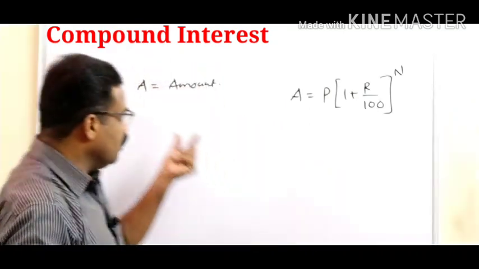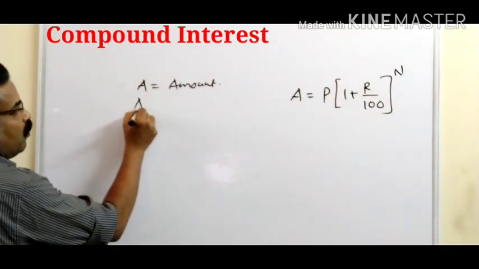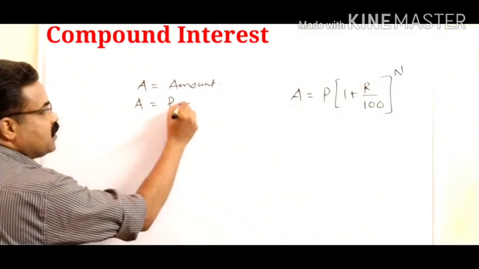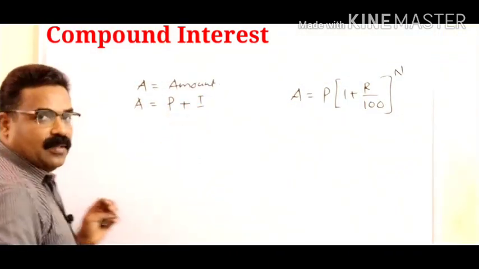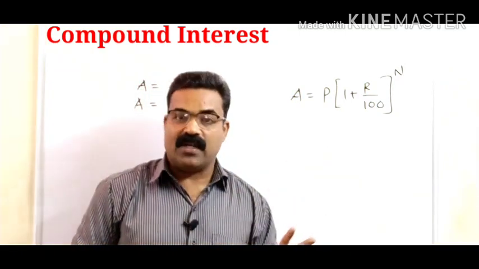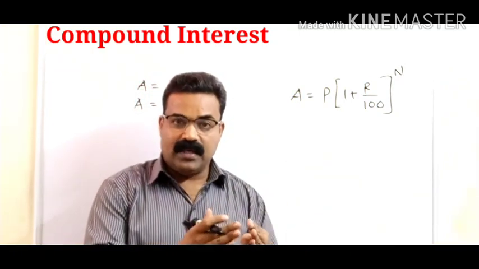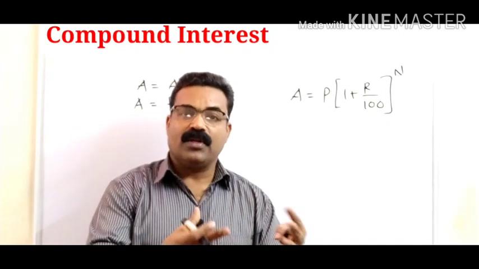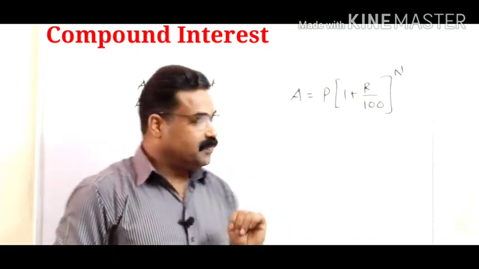So amount means whatever principal you have invested initially plus interest on that. You invested 1000 rupees, plus interest on that 1000, 80 rupees. Put together, whatever you get is called amount.